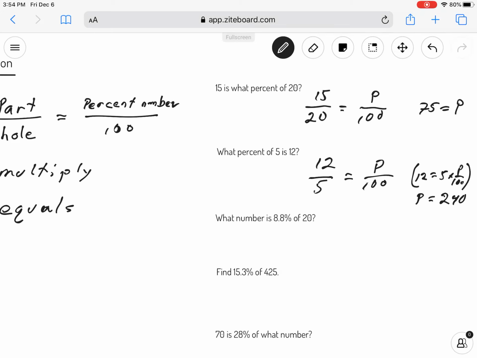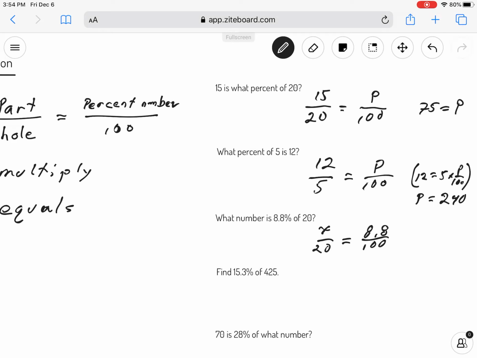Then we can look at it a different way. We're given the percent, and we're trying to find the part of the whole. Now here we say, what number is 8.8% of 20? So now the 20 is my whole. I'm trying to find the part, and 8.8 is my percent number over 100.